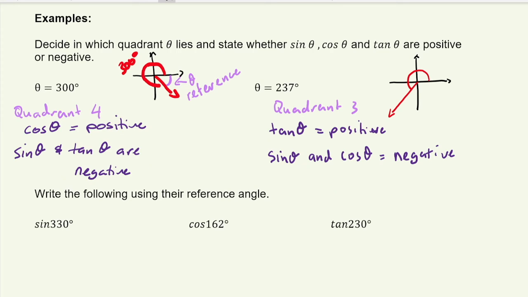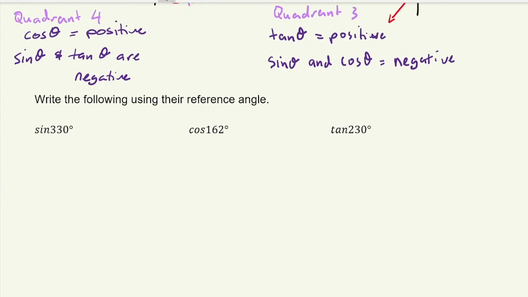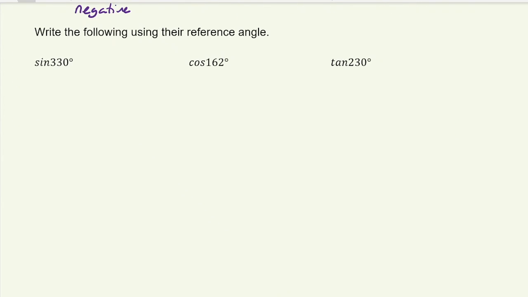Okay, now we were talking about reference angles earlier. Let's have a look at some reference angles. Here is sine 330 degrees. So let's pop a diagram on. Okay, 330 degrees is going to go a fair way around. So we're going to be around here somewhere.